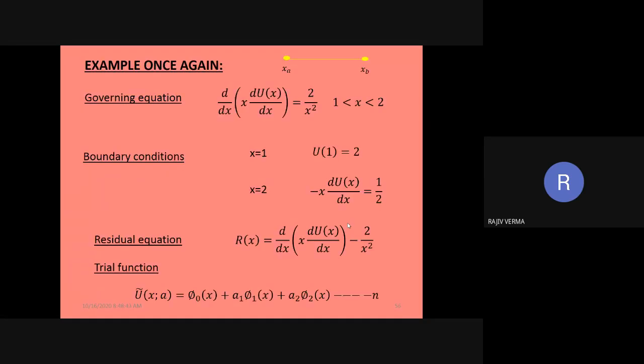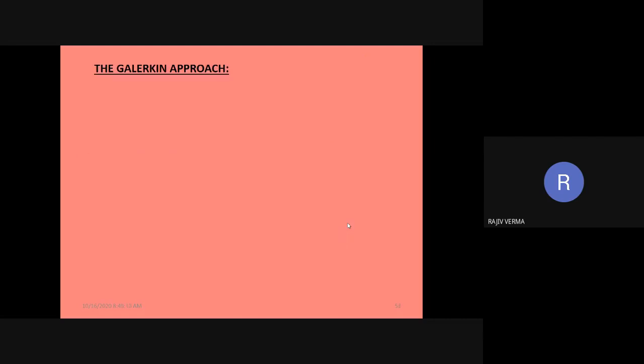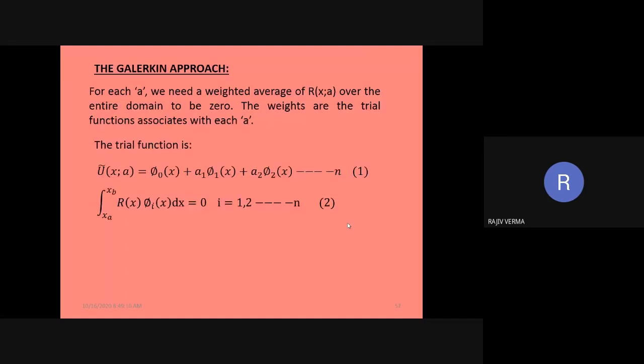That is the second last equation. So this residual is going to be multiplied by phi I, where I is going to vary from 1 to 2, 3, 4. It is going to vary from 1 to n, depending upon the number of unknowns in the trial function.